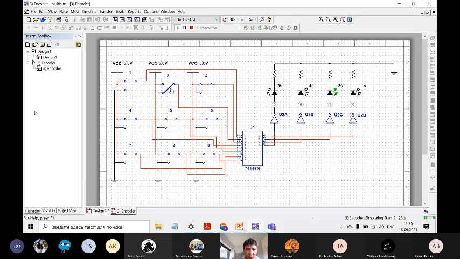Okay, so when I put 2, you can see that my second LED lights. It means 1. The other doesn't light. It's 0. So it's 1, 0. It's 2. For example, I press 3. You can see that this LED and this LED light, 1, 1.